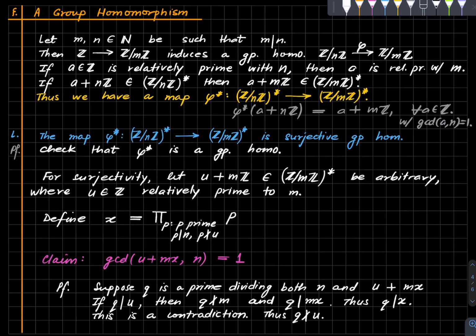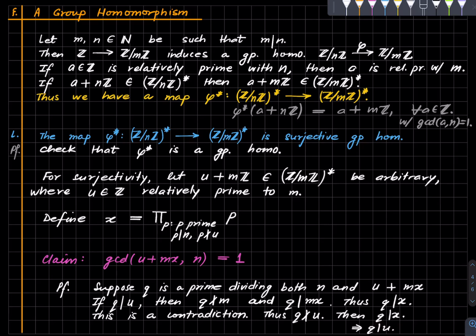Since q divides n and does not divide u, q divides x. That's the definition of x. But if it divides x and it already divides u plus mx, then q divides u.